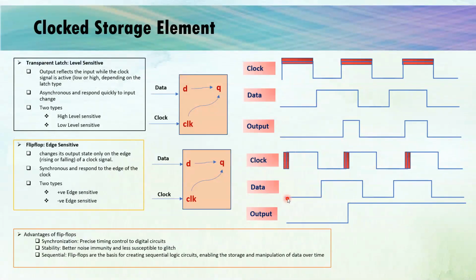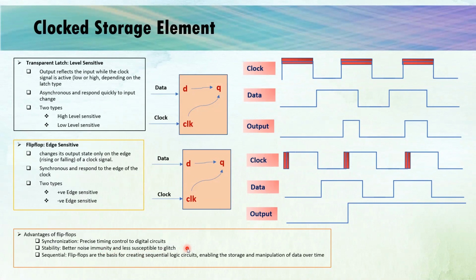So the noise impact won't be as high as it was in the case of a latch. That's why it has better noise immunity and is less susceptible to glitches in the output. That's a very important feature why most applications require flip-flops only.